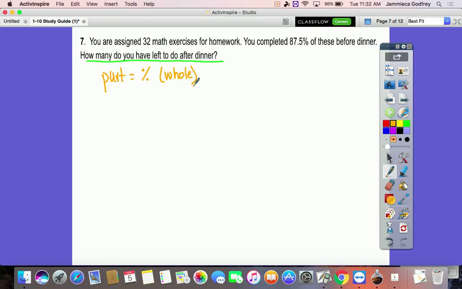So in all, we had 32 problems, and you have completed 87.5%, which is decimal 0.875. So I'm going to put that over here and multiply. This is only going to tell me how many I completed.